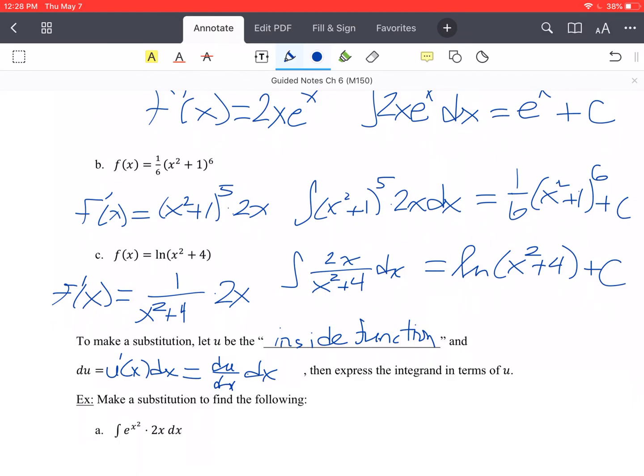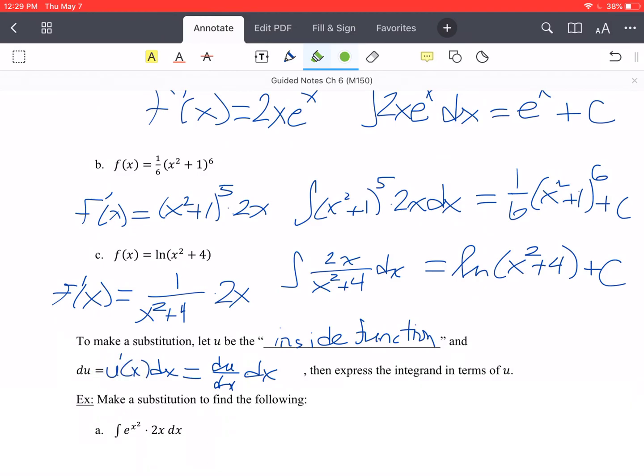Okay. So essentially, when we're making a substitution, we want to identify the inside function. When we say inside function, we're talking about these guys up here, right? So whatever was on the inside. And then by default, the du value is just the derivative of whatever function we picked.